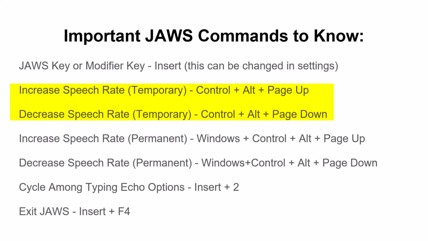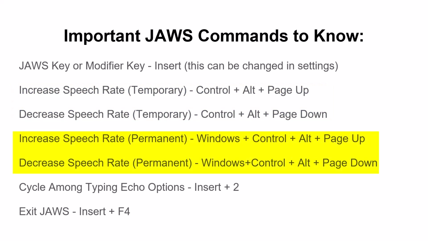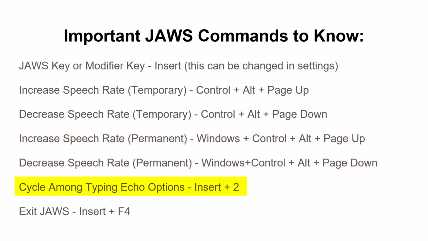You can do that by pressing Control Alt and Page Up to increase or Page Down to decrease. To make that speech rate change permanent, you're going to press Alt Control Windows, or I like to say Alt Windows Control, because those three usually fall in a row on that left hand. So it's kind of neat to just push all those down and use Page Up to make the increase or Page Down to decrease.